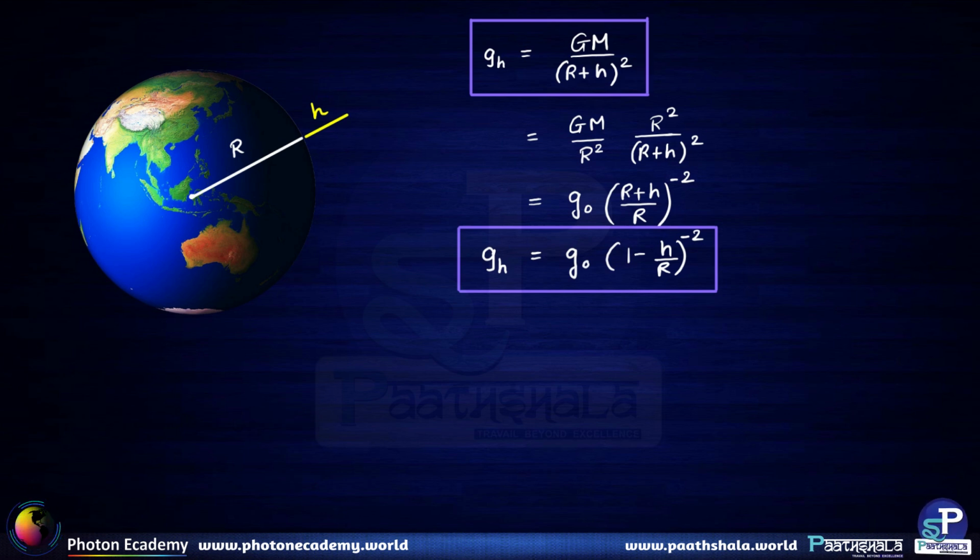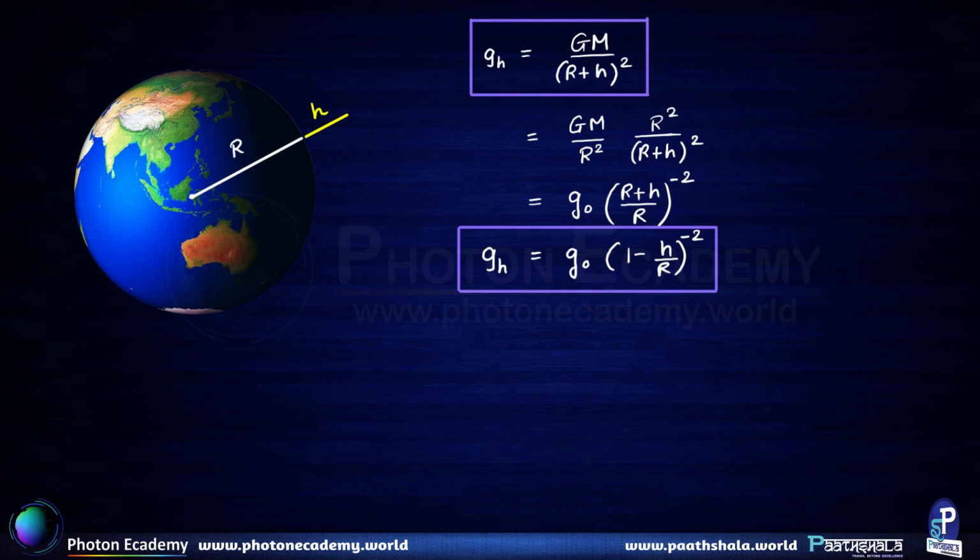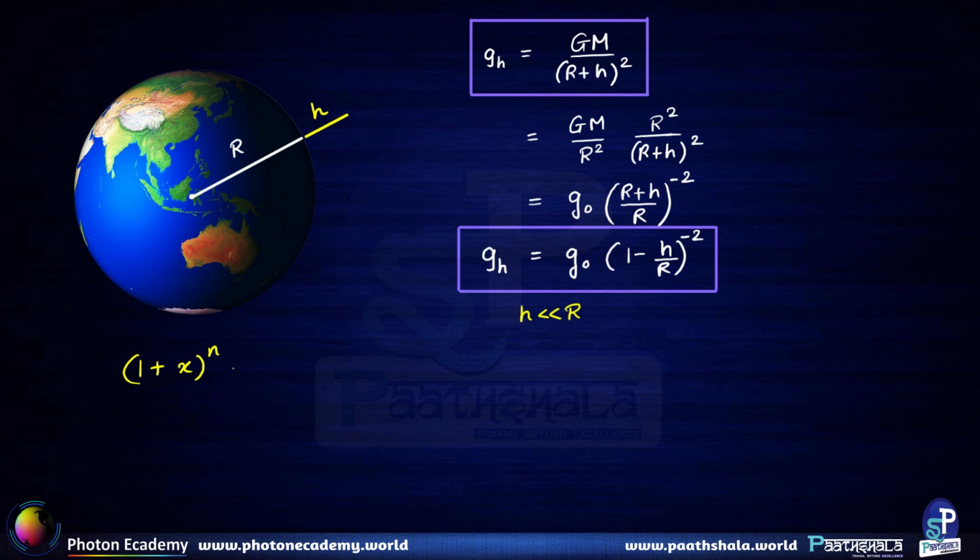Now many times we encounter situations wherein h happens to be less than R. In such a case, we can use the binomial approximation, which basically states that (1 plus x) raised to n is approximately equal to 1 plus nx.